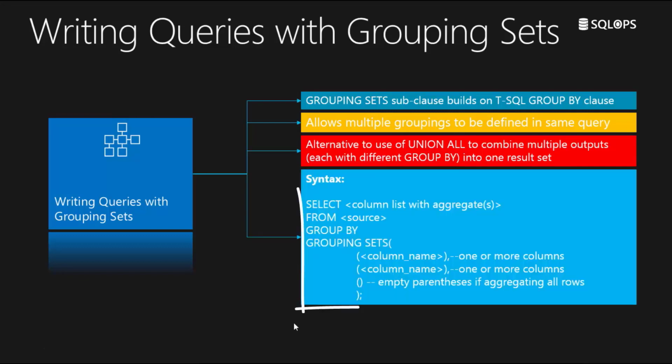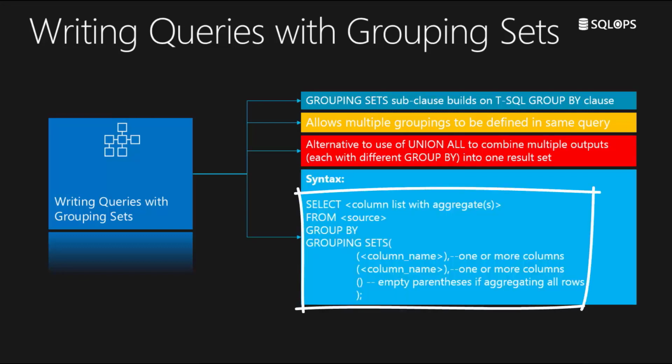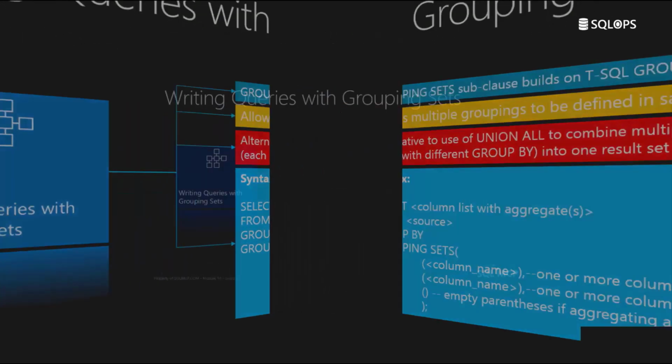Let's take a look at the syntax of the GROUPING SETS subclause. In the SELECT clause, you specify the column list, and in the FROM clause, you specify the source tables or views. Use the GROUP BY clause, and in the GROUPING SETS, you can specify one or more columns, and if you use the empty parenthesis, it will aggregate all rows. Let's take a look at an example.